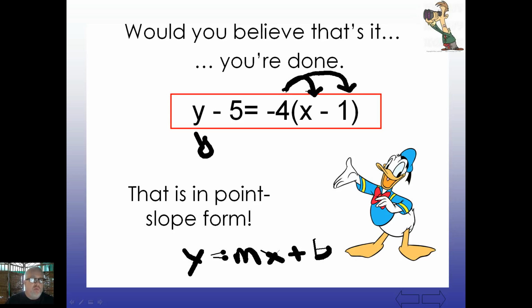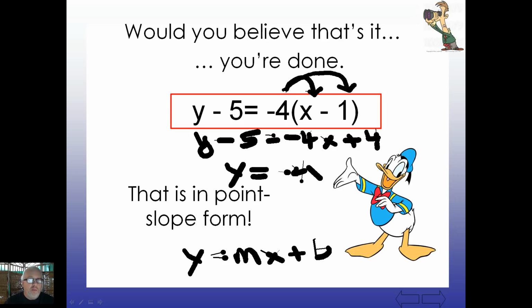So this would give us y minus 5 equals -4x, and then what's -4 times -1? +4. And then isolate for y here. So we'd add 5 to both sides. And you end up with y equals -4x plus 9. And this, of course, would be your slope-intercept form.